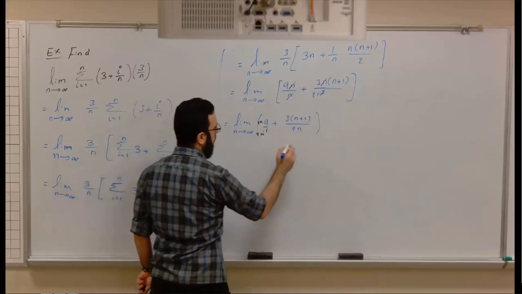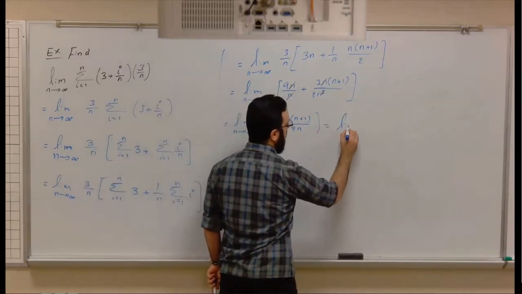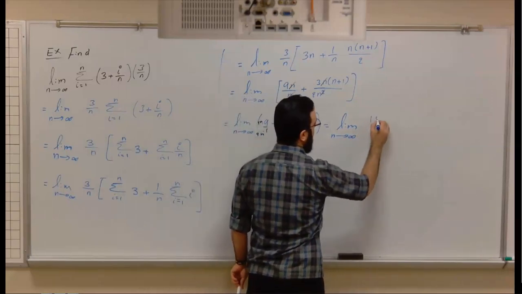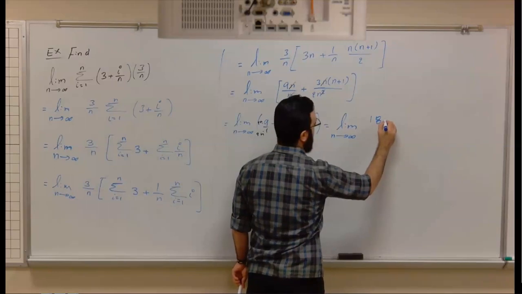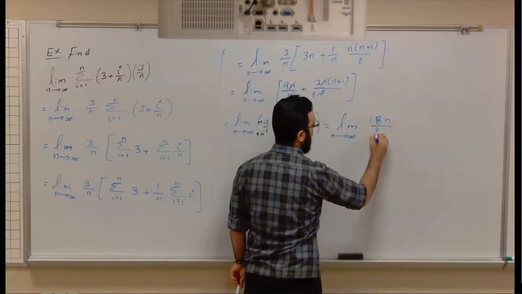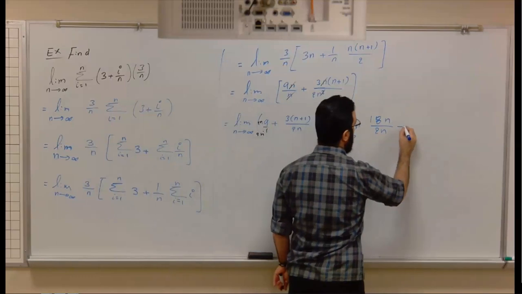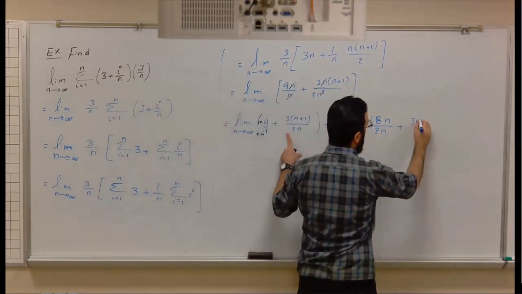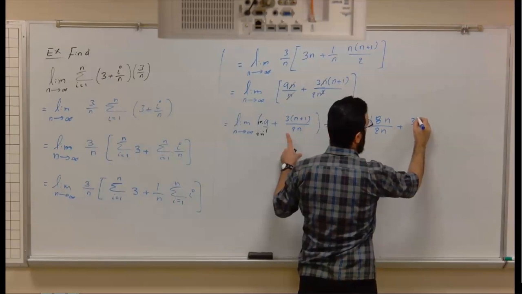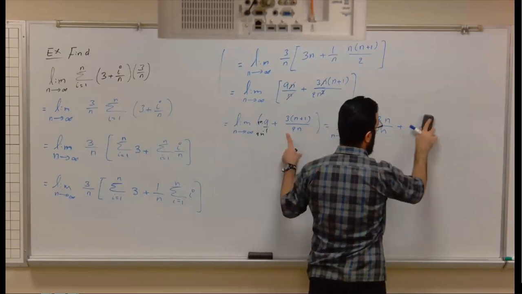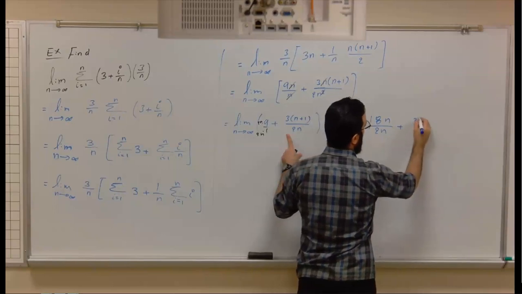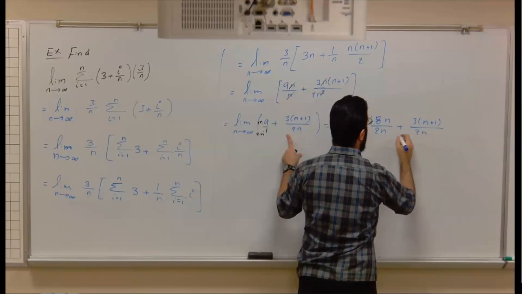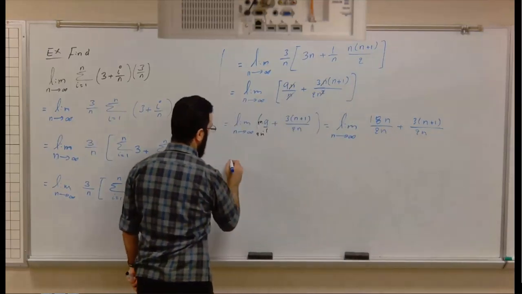That means this one is going to be the limit as n approaches infinity of 18n over 2n plus 3n plus 1 divided by 2n. Now I can combine these together.